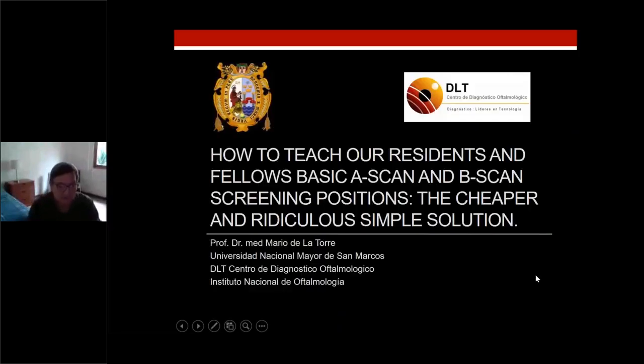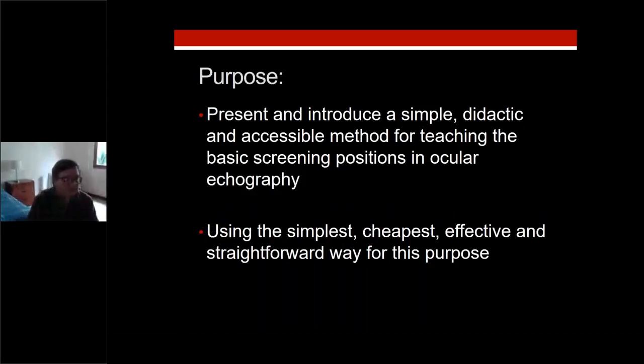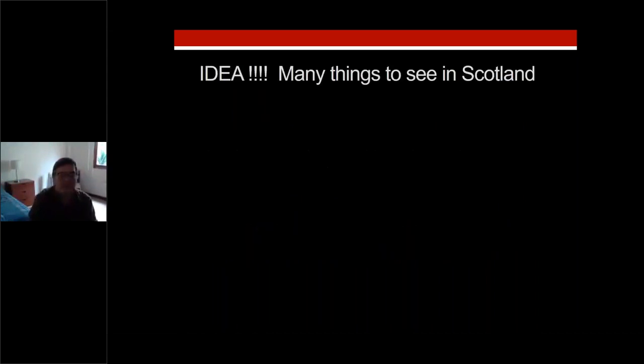This is a cheap and ridiculously simple solution, because an important skill is to learn transversal and longitudinal scans and then translate these images into a three-dimensional diagnostic interpretation. We introduce a simple, didactic, and accessible method for teaching this, in the simplest, most effective and straightforward way.